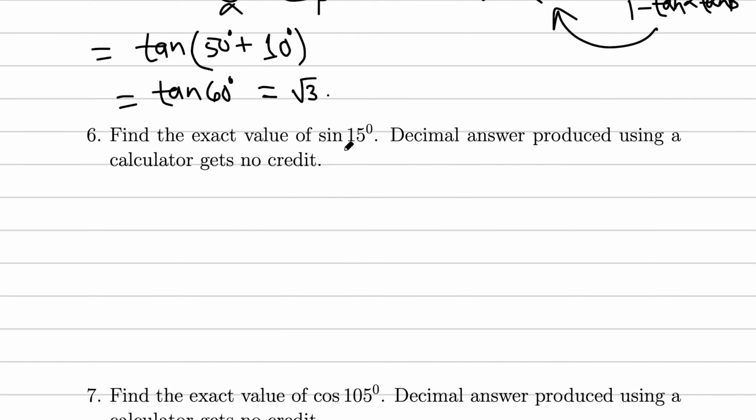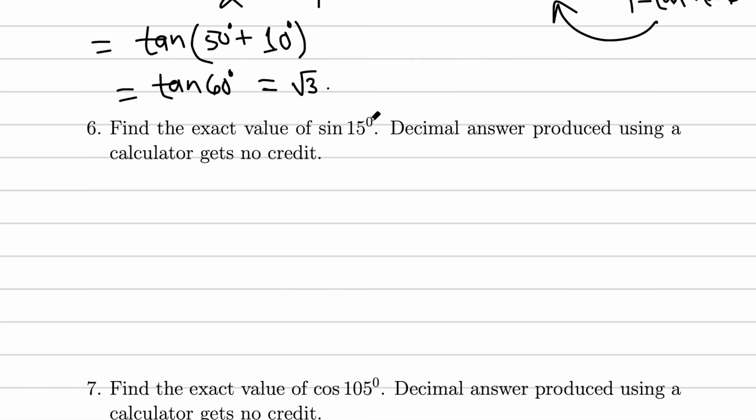Find the exact value of sine 15. 15 degrees is not a standard angle, but what are the standard angles? 0, 30, 45, 60, 90, and their corresponding angles in other quadrants.